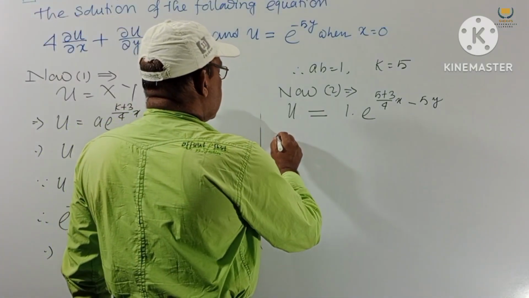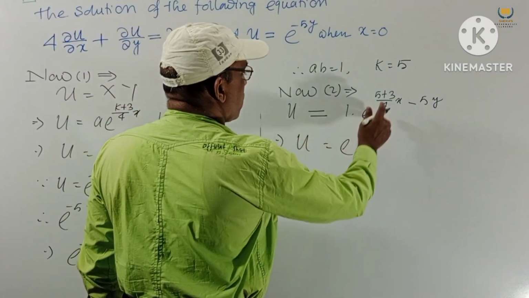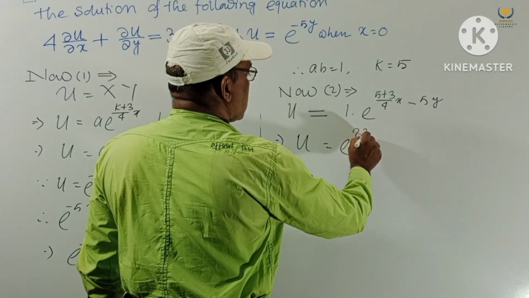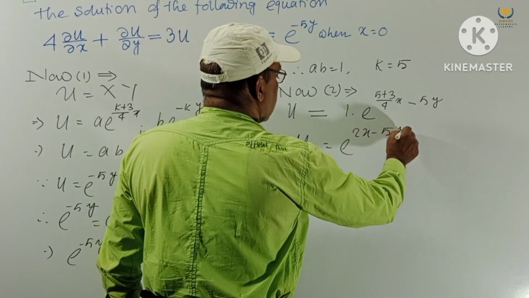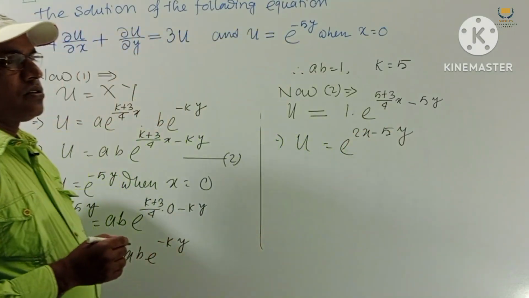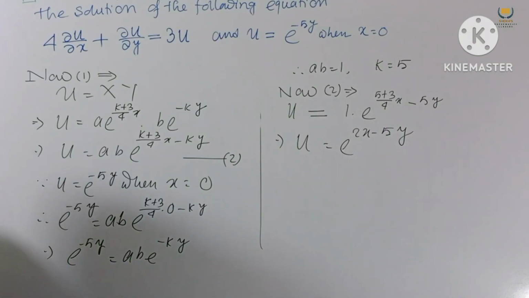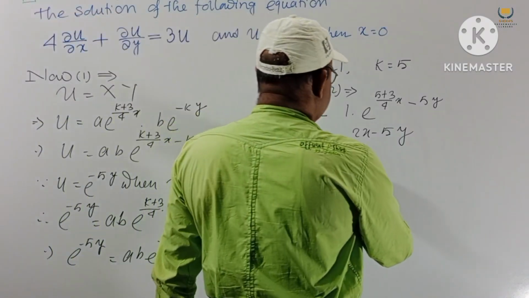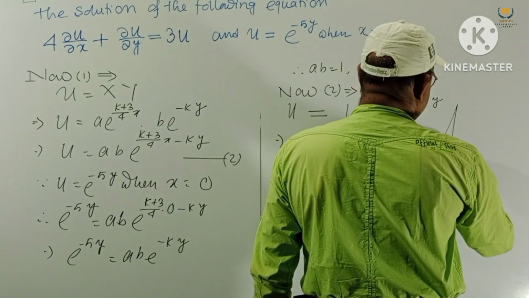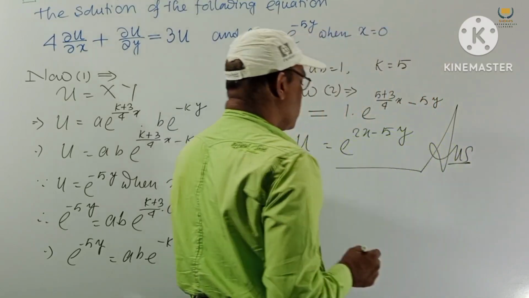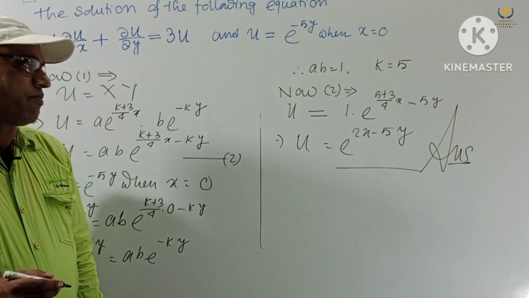So (5+3)/4 x - 5y. This implies u = e^(8/4 x - 5y), which is e^(2x - 5y). This is the final answer. Very easy solution. e^(2x - 5y) is our answer.